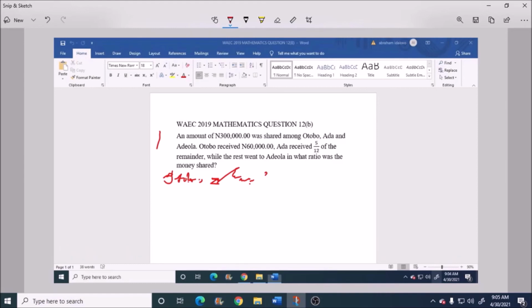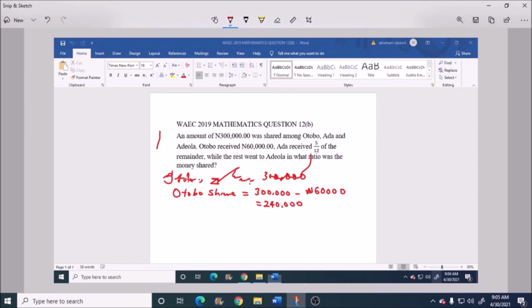So Otobo's share is equal to 60,000. The balance is 300,000 minus 60,000, which is 240,000.